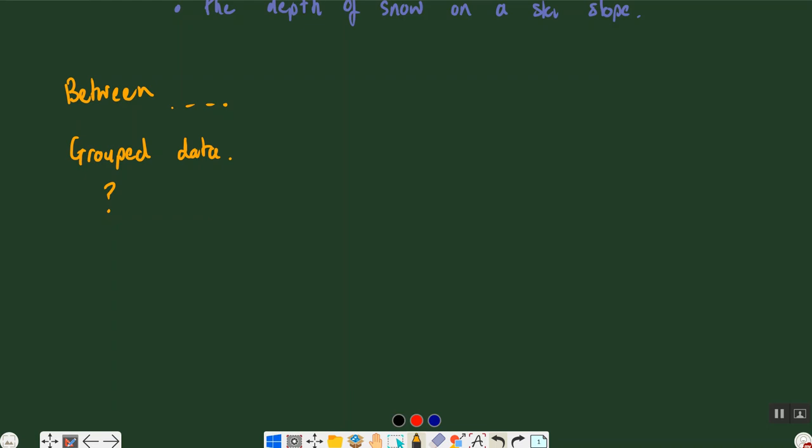So for this example, what does the 7 in 10 to 11 actually mean? There are 7 boys who are that age. Why was it necessary to group it? They don't really say if they're trying to find out like... I don't know.